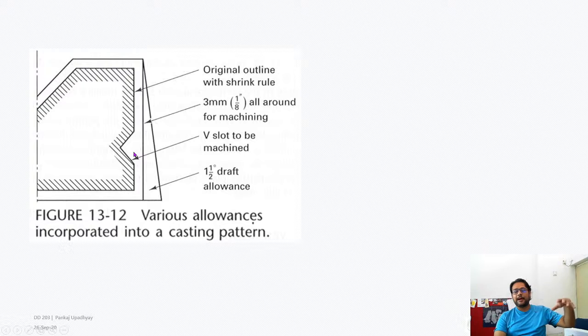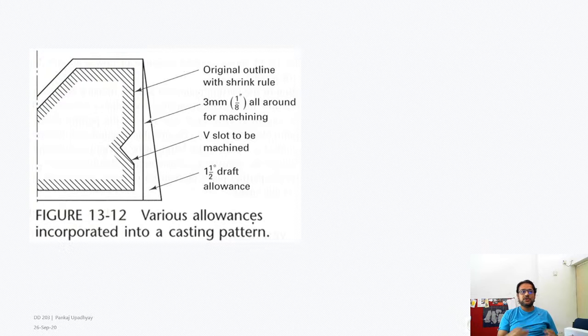Now imagine a pattern, something like this. You want to create it directly in this pattern. This notch will not be possible without doing some major, critical changes to the casting setup.